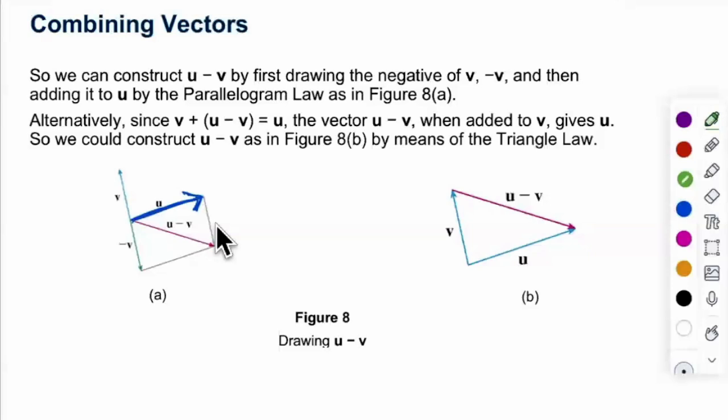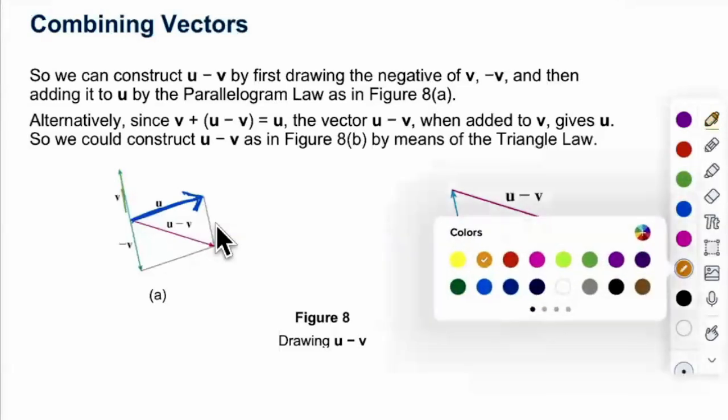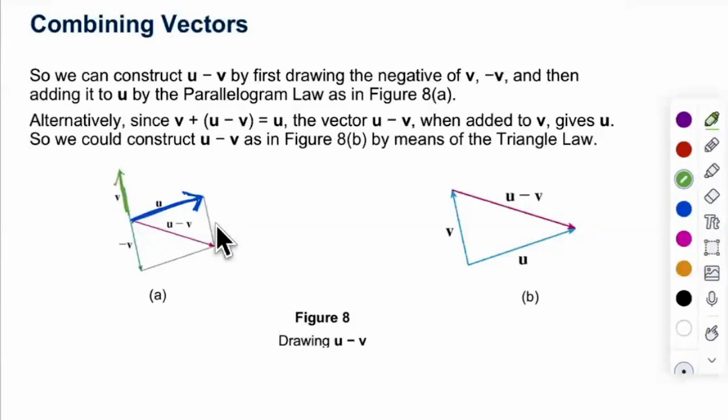Now I know that v goes this way, but I'm not adding, I'm subtracting. So I take v and make it opposite. The orange vector here is the opposite of v, or negative v.